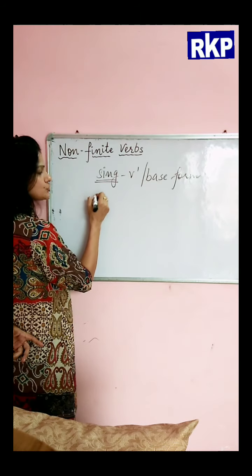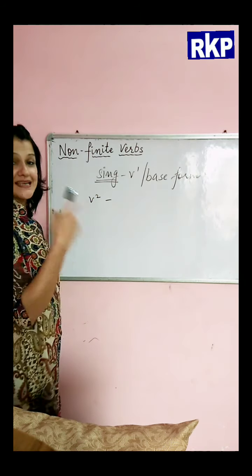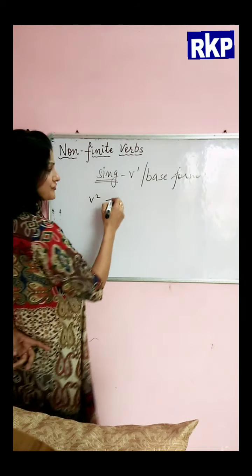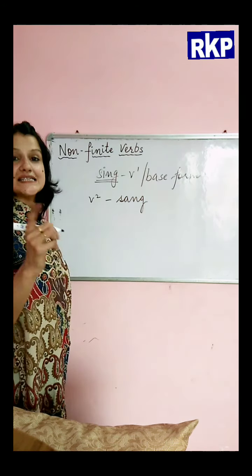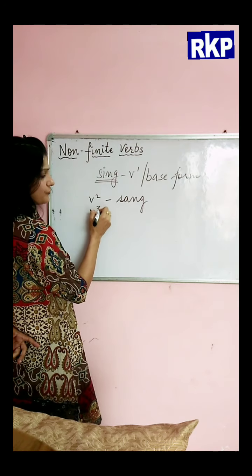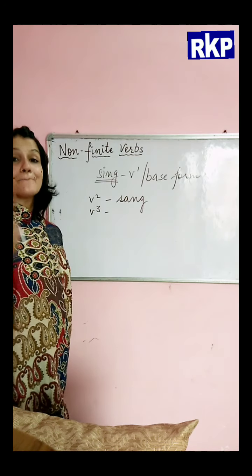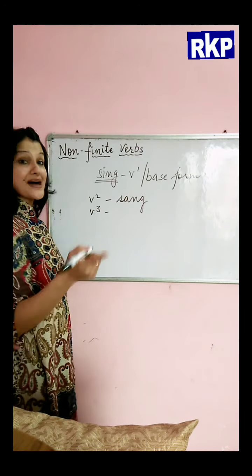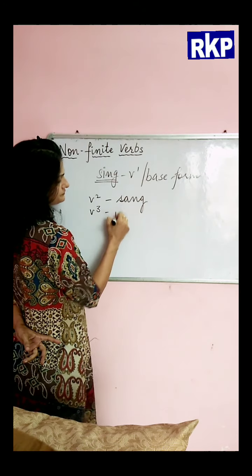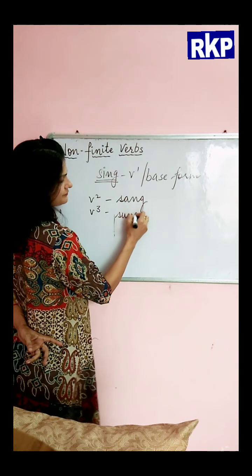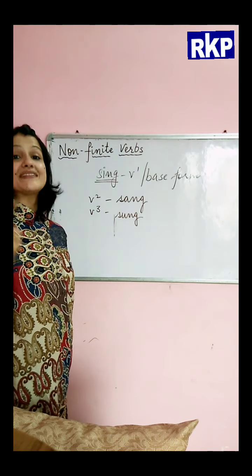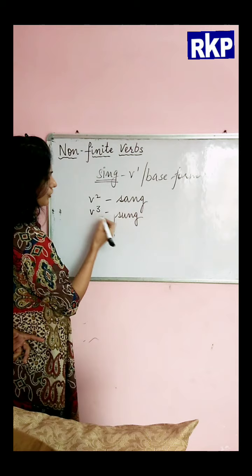Now V2, that is past form of verb, so that will be sang. Alright, sang. V3, that is participle. Okay, past participle verb. This is called V3 participle verb form.